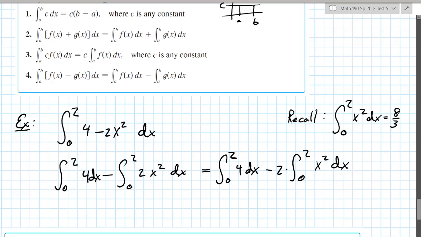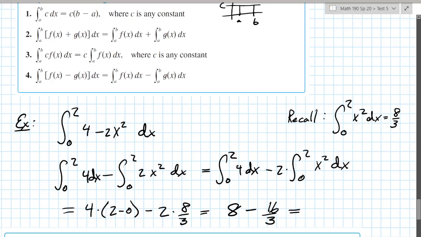So now I'll use property number 1, which says, hey, that first integral is just area of a rectangle, so it's going to be c times b minus a, then minus 2 times, we know the integral of x squared dx from 0 to 2 is 8/3, so it's just going to be 8 minus 16/3, whatever that works out to.